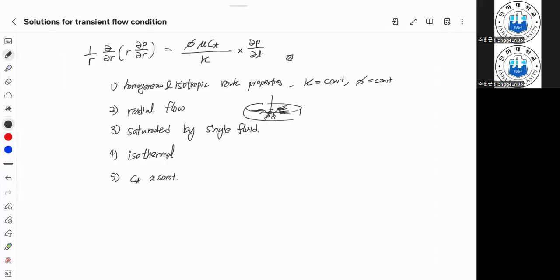This may not be true when it comes to a gas flow, so this will be covered in a later chapter of the book.